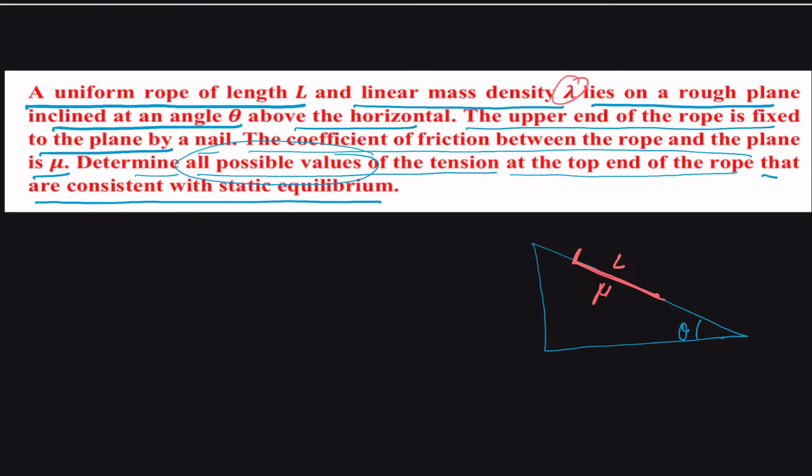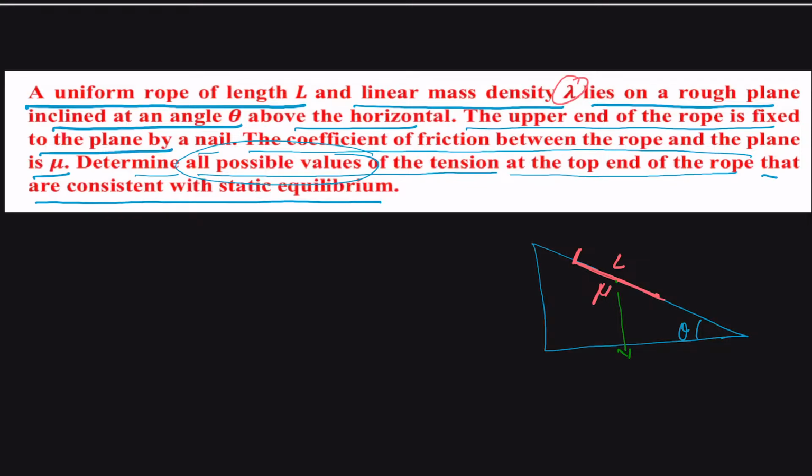So let us start with the simplest option which comes to our mind. For that we can easily say that there will be an mg acting in the downward direction.